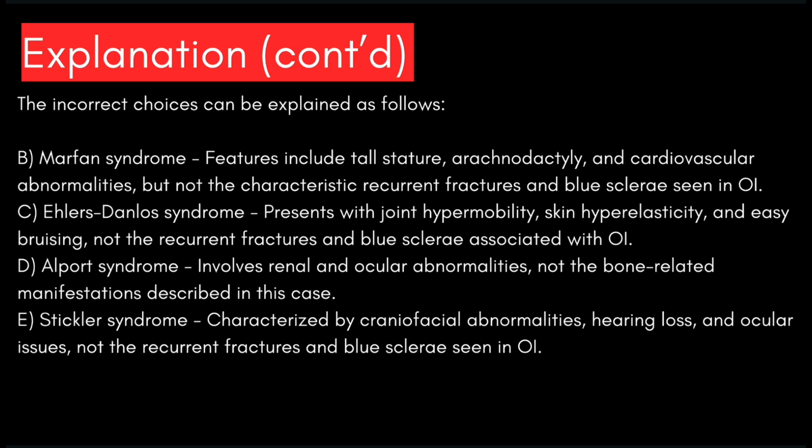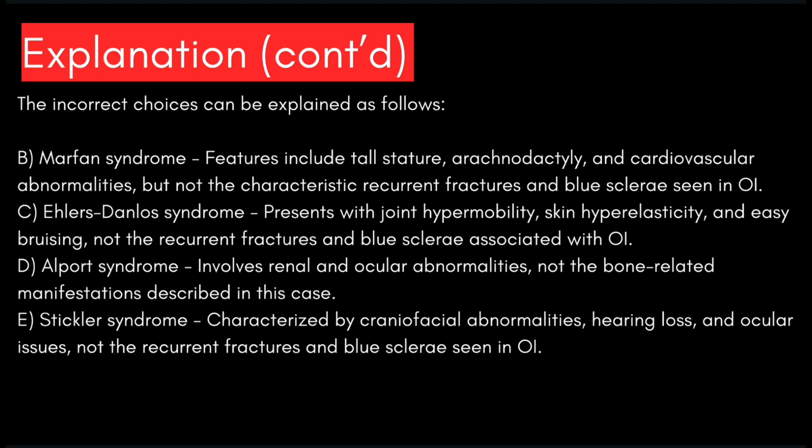B. Marfan syndrome. Features include tall stature, arachnodactyly, and cardiovascular abnormalities, but not the characteristic recurrent fractures and blue sclera seen in OI. Ehlers-Danlos syndrome. Presents with joint hypermobility, skin hyperelasticity, and easy bruising, not the recurrent fractures and blue sclera associated with osteogenesis imperfecta. D. Alport syndrome.